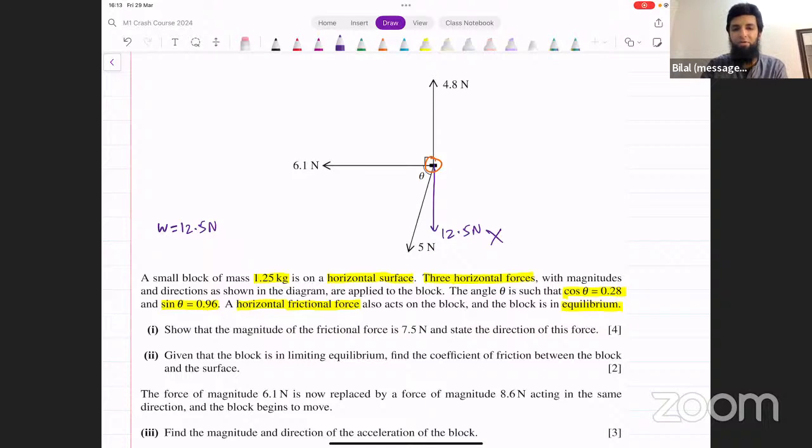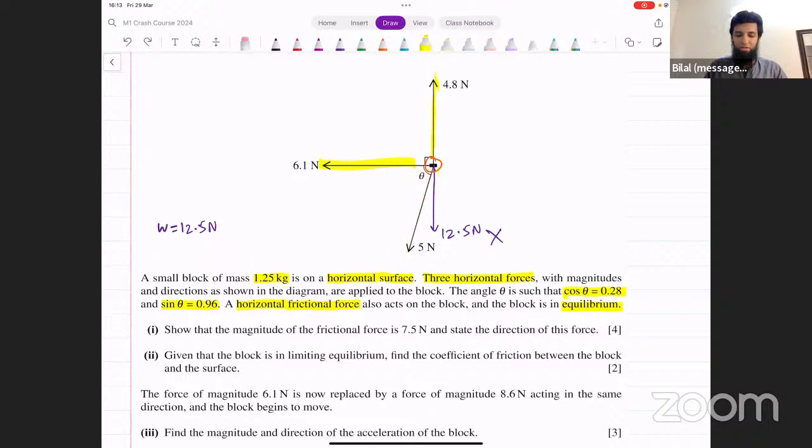Where is the weight of the ball going to act? Weight of the ball is not going to be on the same plane as the table. Weight of the ball is going to act vertically downwards. So if you were to consider this screen as that table, all of these forces are on this screen.